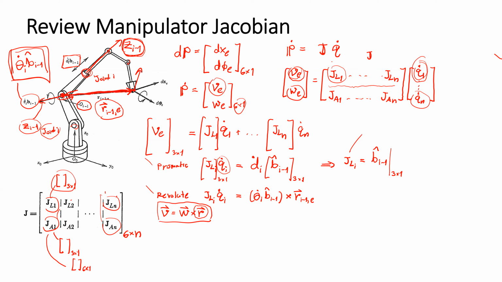But for the numerical value, for the matrix operation, we can form it like this. So it means that if you bring out the joint speed, it will multiply the unit vector crossed by the position vector.